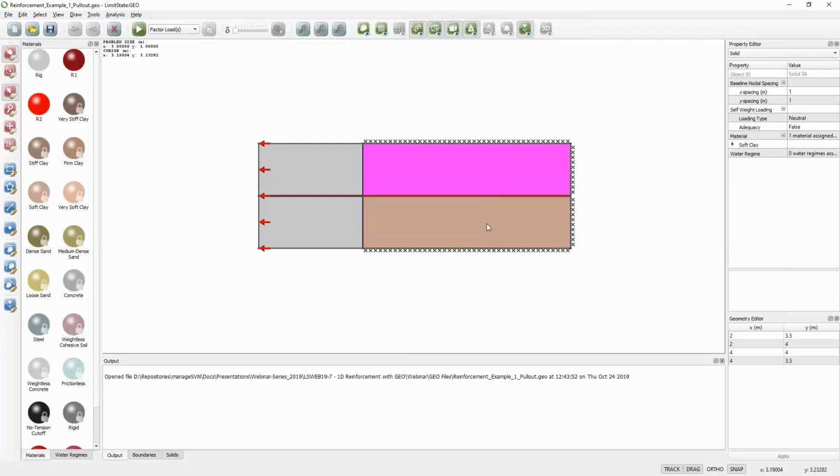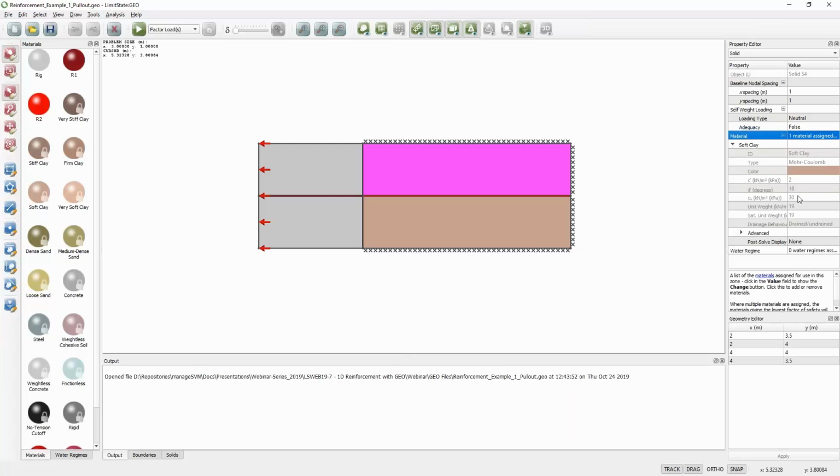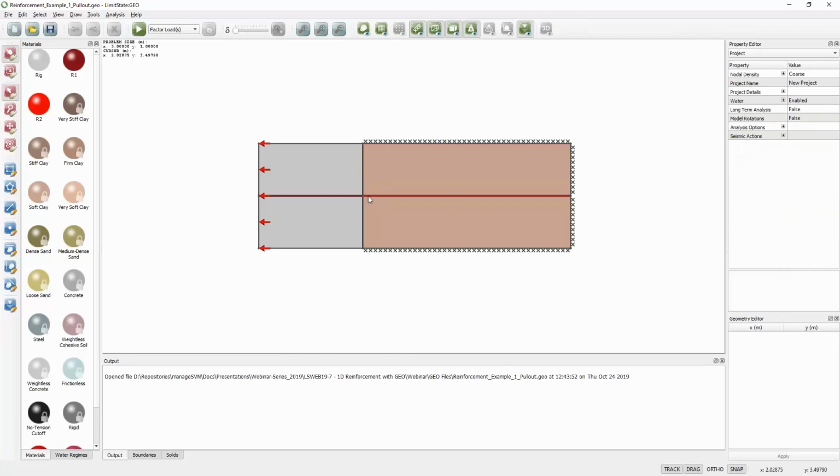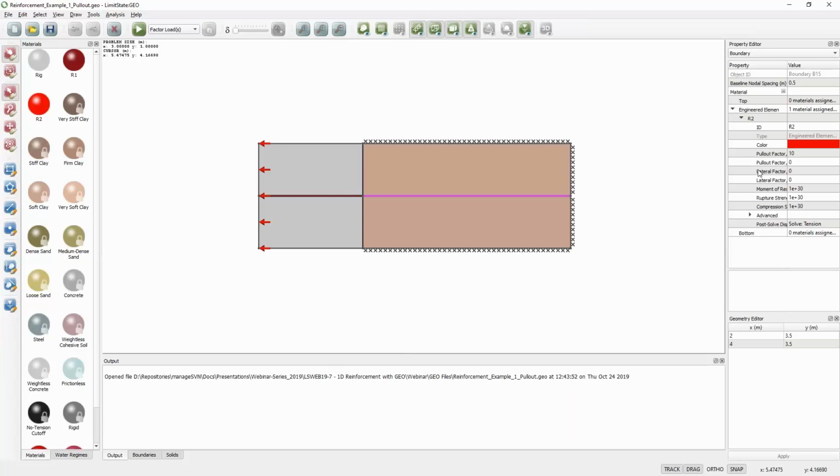So if I click on the soil here, I can see that it's a material, which is a soft clay, which is defined to be, let's have a look, it's got an undrained strength of 30. That's the most relevant property for us at the moment. And embedded in that is a reinforcing element, what we call an engineered element in the software, and if I click on that, its properties appear up here, and it's called reinforcement element R2.